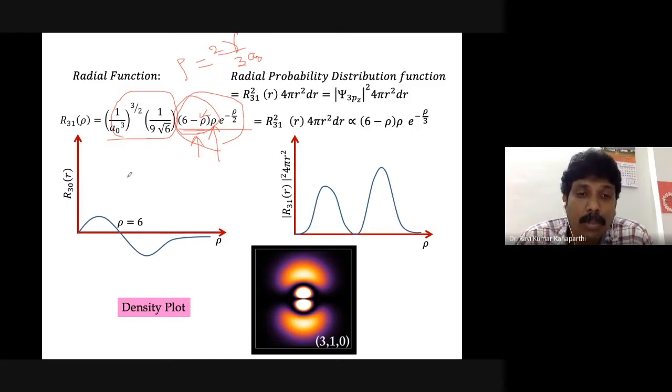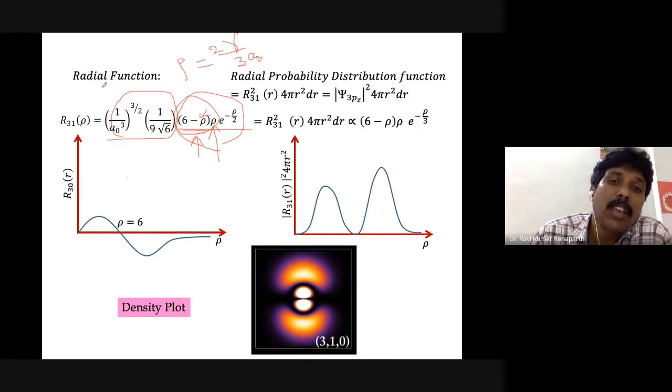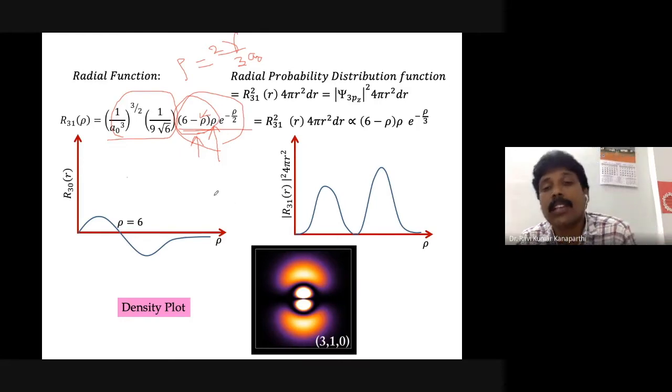That means it is a node, and then it continues in the negative direction. Why? Because beyond 6, this becomes negative, so there is a negative sign. The sign of the function will increase negatively, and then later it decreases. So that is the nature.